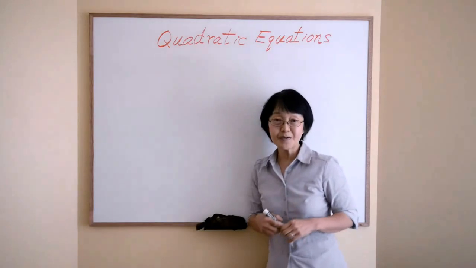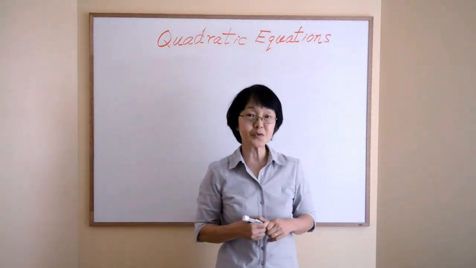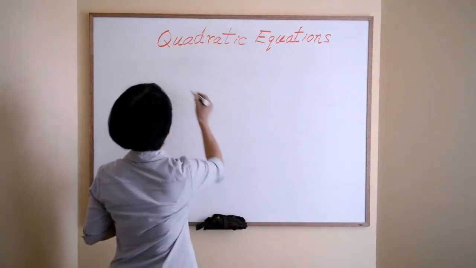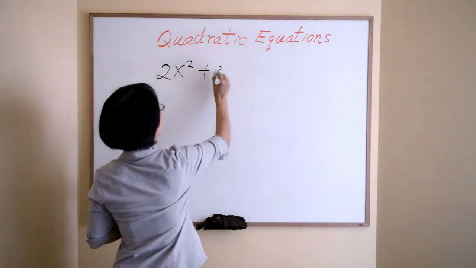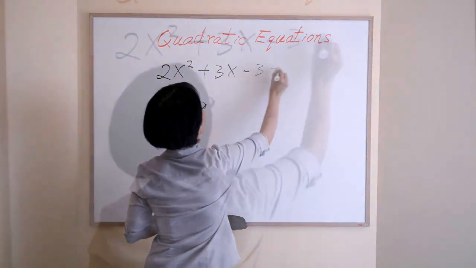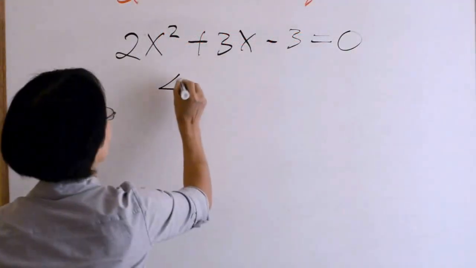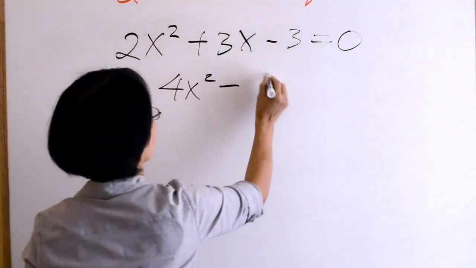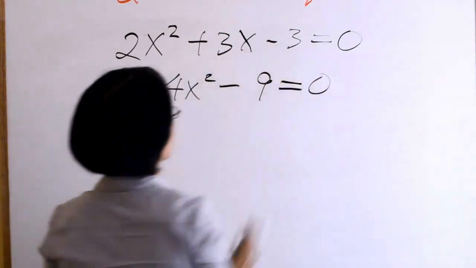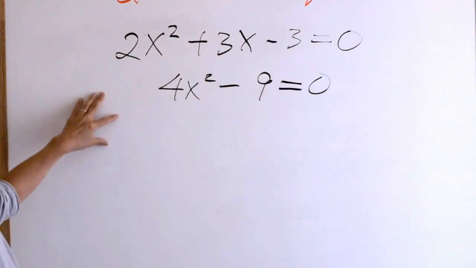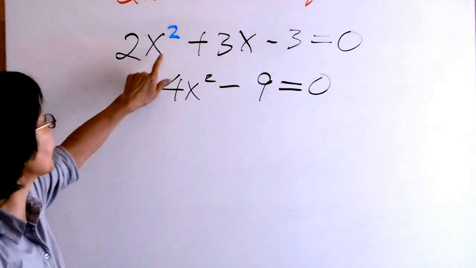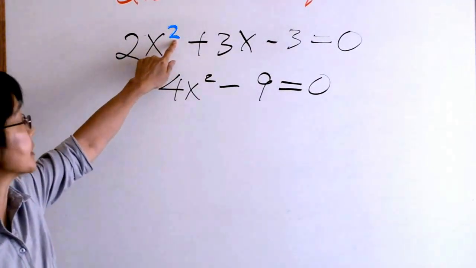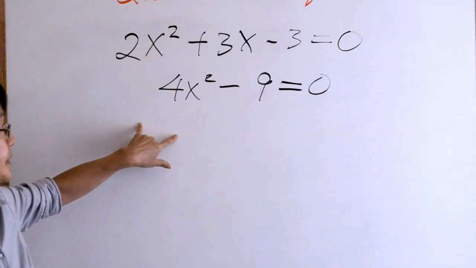Now, I'm going to explain to you first what a quadratic equation is. I'll give you some examples. You see in both of these equations that they have the highest power of a variable raised to 2. So that's the quadratic equation.